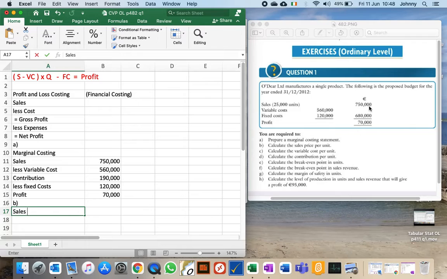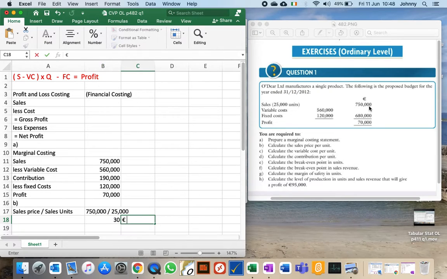So it's sales divided by sales units. So it's 750 divided by 25,000 units. So 30 euros.